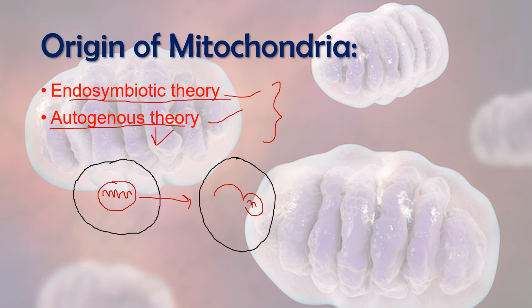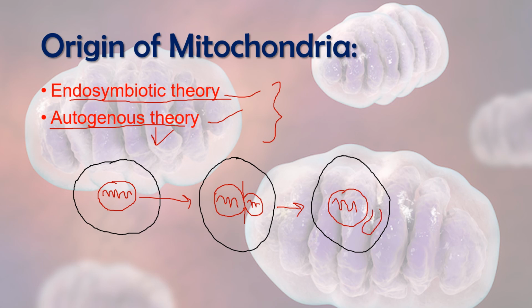Some part of the DNA gets split off, and this portion ultimately forms a mitochondrion structure. So this is the nucleus having DNA, and there is another mitochondrion having its own DNA. So the autogenous theory says that it is a splitting of the DNA of a eukaryotic cell.